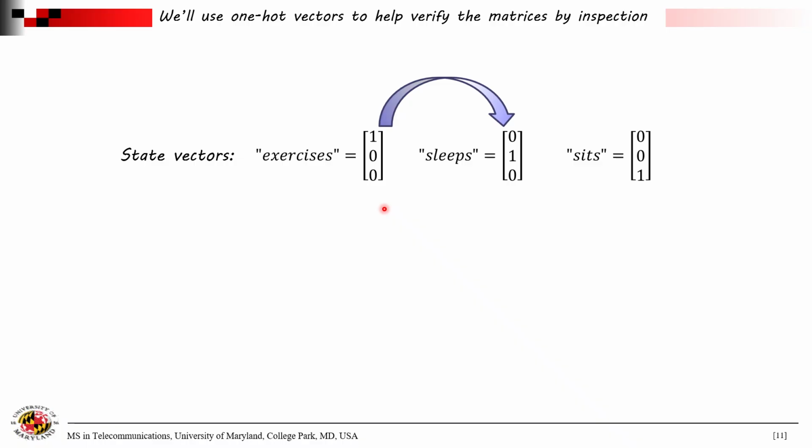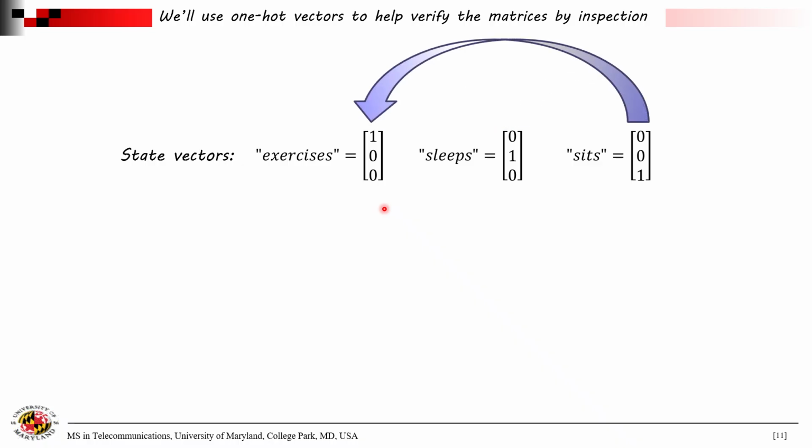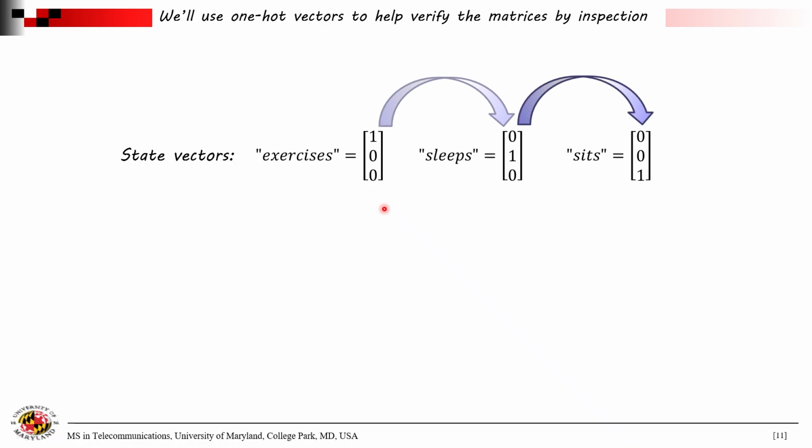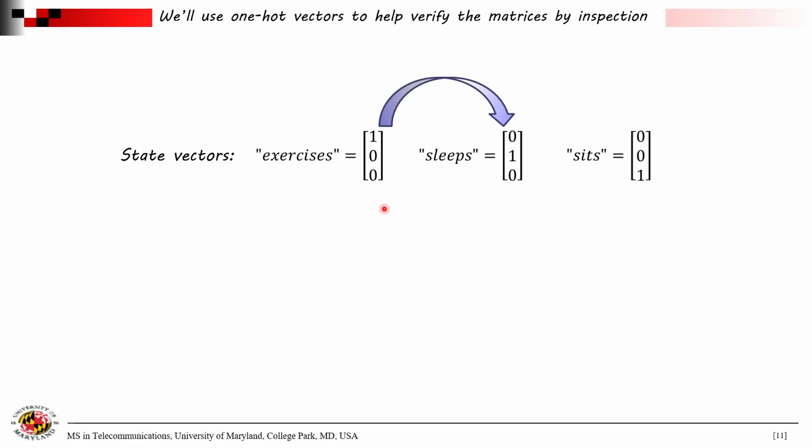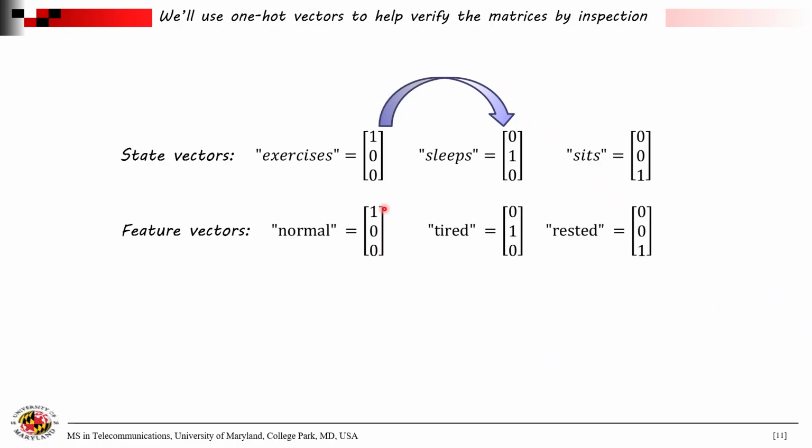Now, the way that her normal routine works is if on Monday she exercises, then on Tuesday she'll sleep in, on Wednesday she'll spend the day sitting, on Thursday she's going to exercise again, on Friday she's going to sleep in again, and on Saturday she's going to spend the day sitting and then exercise, sleep, sitting, etc. And this will be cycling through.